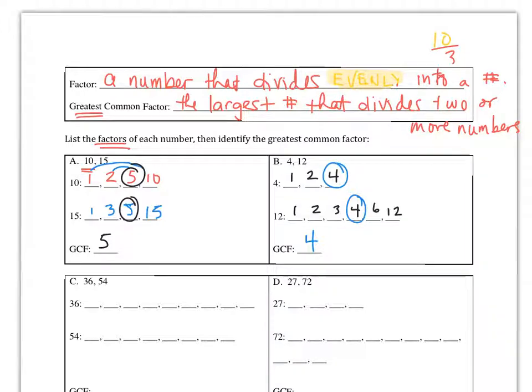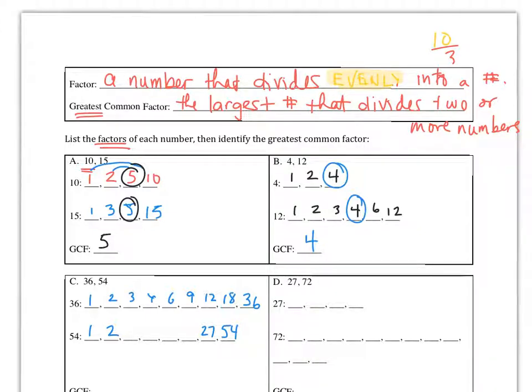Okay? We got to do better with our factors. We're getting stuck on this. 1 times 36. 2 times 18. 3 times 12. 4 times 9. 6 times 6. Okay? 1 times 54, it's even, so that means 2 goes into it. If 2 goes into it, it goes in 27 times, 54 divided by 2.